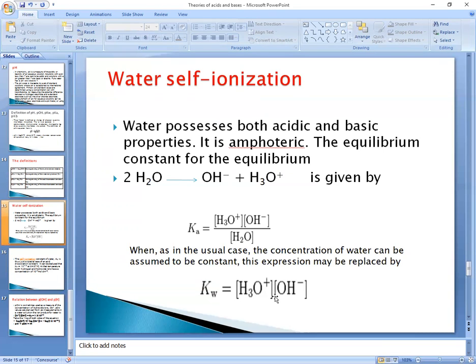So water possesses both acidic and basic properties and is amphoteric, because sometimes it acts as an acid and sometimes as a base.